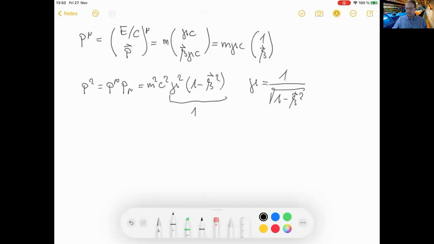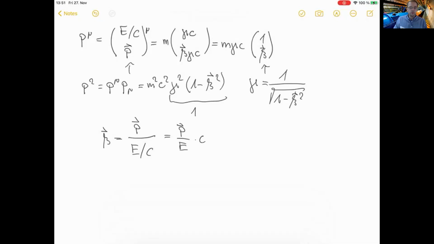In particular, we can use the first way to write the four momentum and the last one to derive a formula that we use in a moment: the velocity beta in units of the speed of light is p over E divided by c. So it's just p c over E. You realize that I did not put the speed of light to 1. We'll do so in a moment.